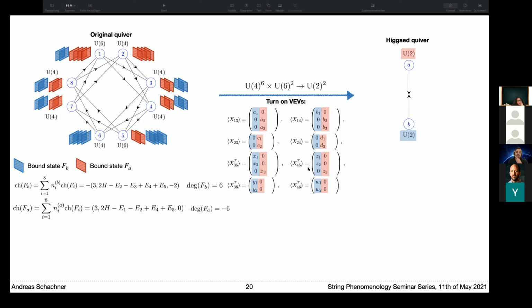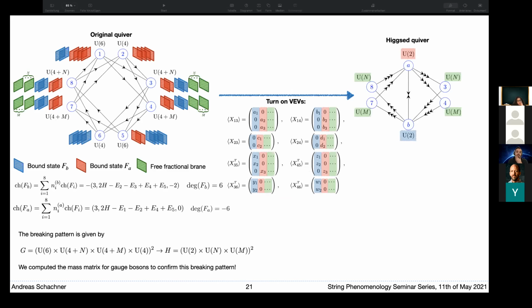Now you might ask, okay, this seemed so far kind of arbitrary. So what's the point of building these bound states? The point is that now if we include further fractional branes at nodes 3, 4, 7, and 8, which do not contribute to any of these bound states, this means that we just assign some additional zeros in our VEVs here.